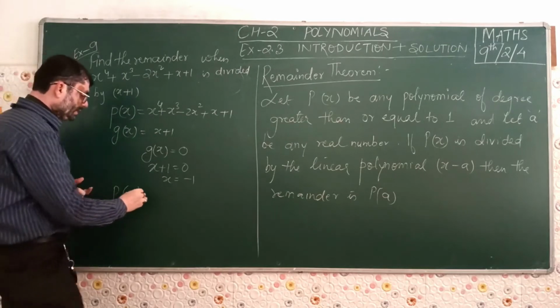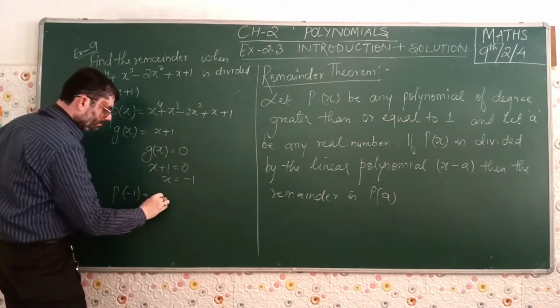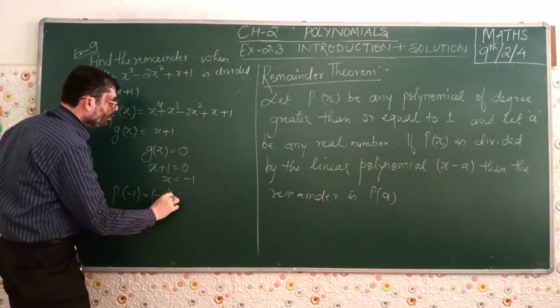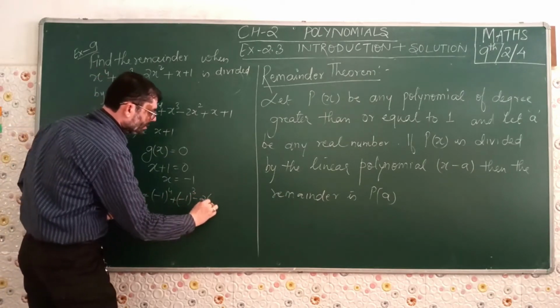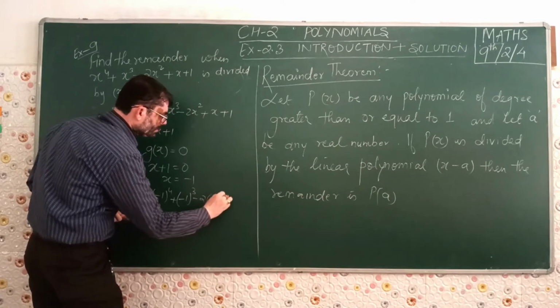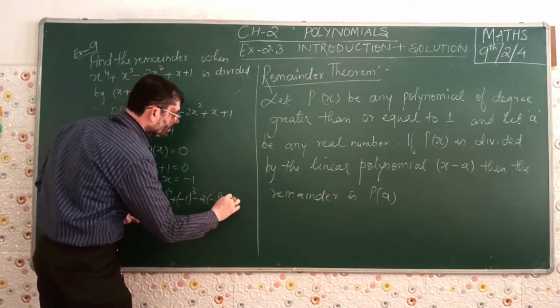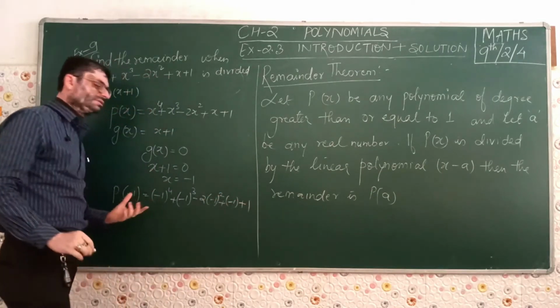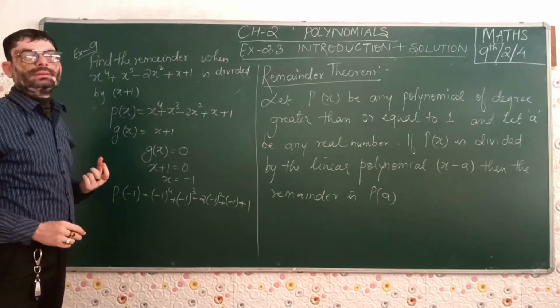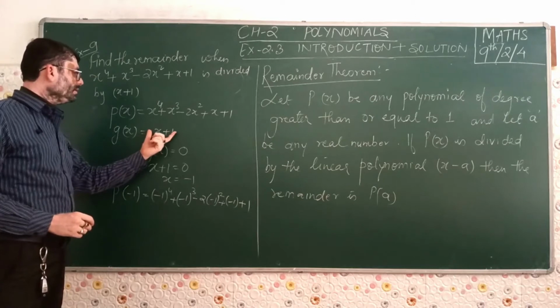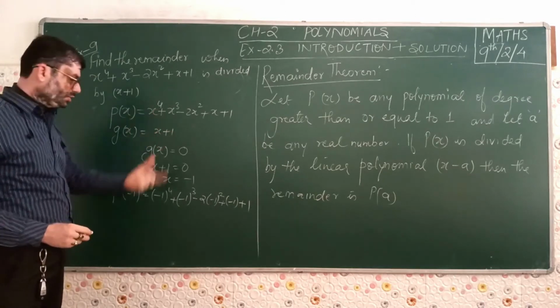p of minus 1 is equal to minus 1 to the power 4 plus minus 1 to the power 3 minus 2 into minus 1 square plus minus 1 and plus 1. We have substituted. Solving, whatever the value comes, that would be my remainder when p of x is divided by g of x.